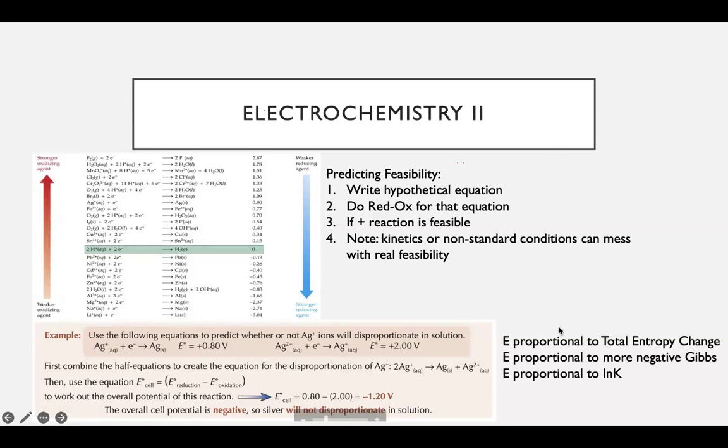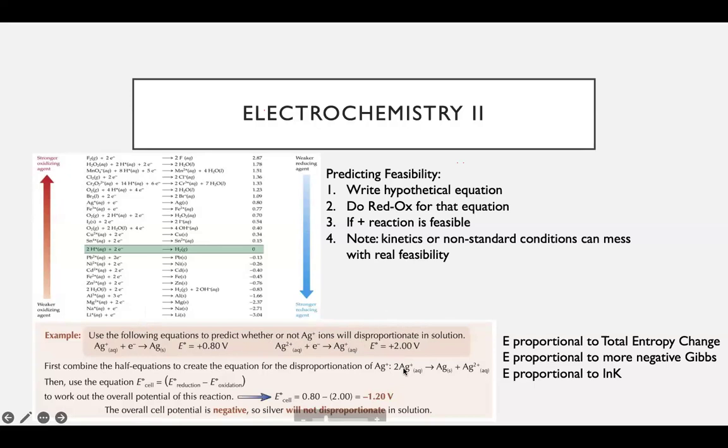So now we know the E naughts for particular half reactions, half equations. We want to be able to use that to predict reaction feasibility. Let's look at this question to explain how to do this. Use the following equations to predict whether or not Ag+ ions disproportionate in solution. Remember, disproportionation is where a single species is simultaneously oxidized and reduced.